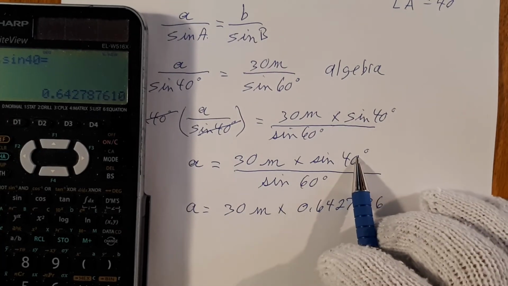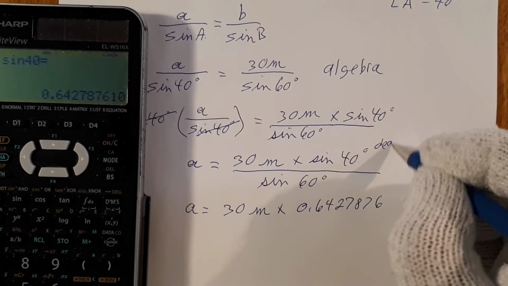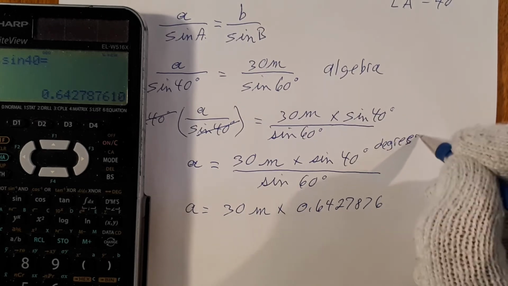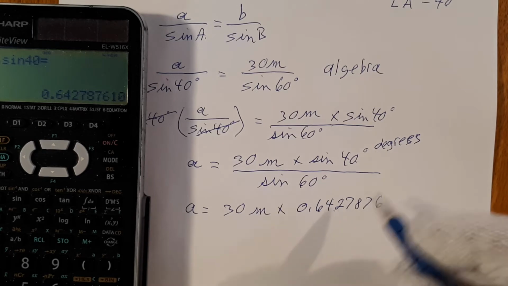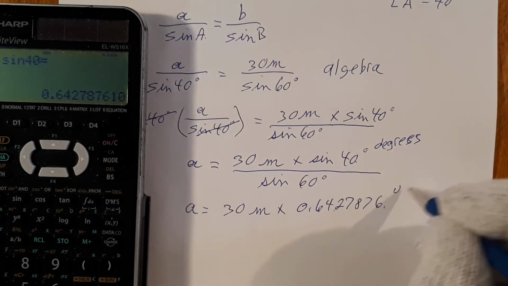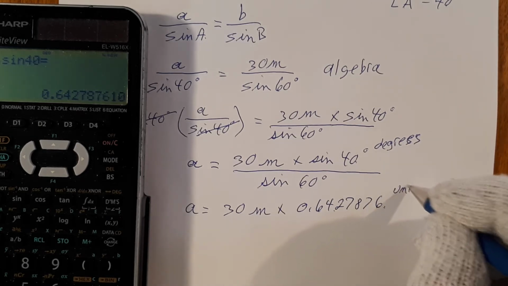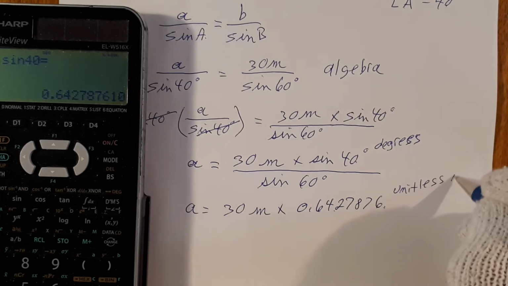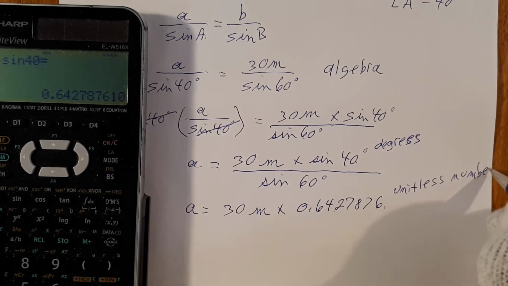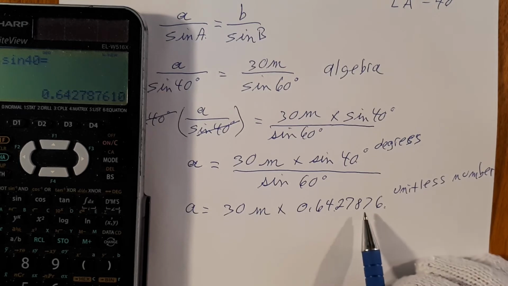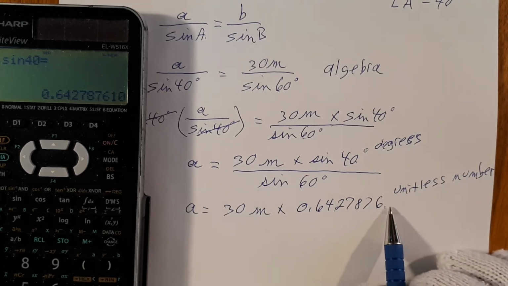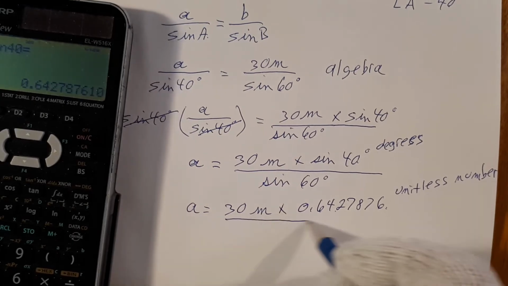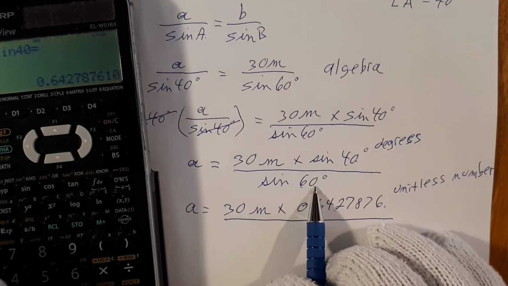Now this has units, degrees. Once we do the sine of 40 degrees, the units drop out, and this becomes a unitless number, a dimensionless number. So it's just a number, like 5, 6, 7, with no dimensions to it, no units. Everything divided by, and we're going to do sine of 60 degrees, same thing.